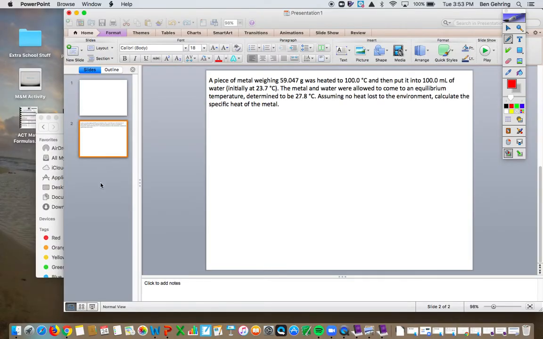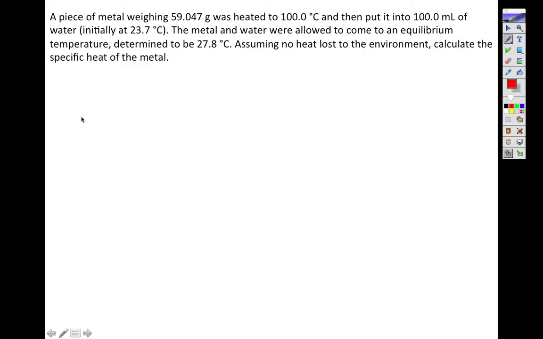Okay, so to do this, we have to look at what we know. For starters, we know the mass of the metal, which is 59.047 grams.